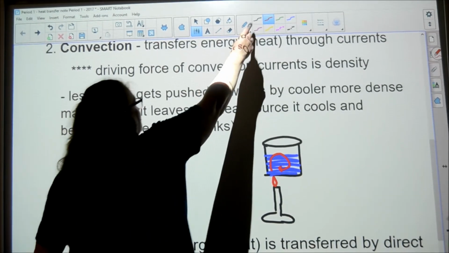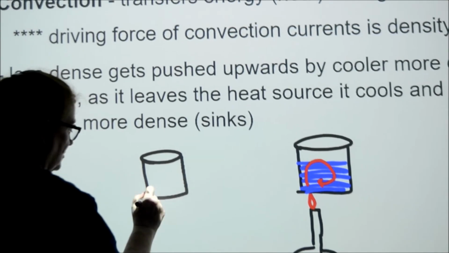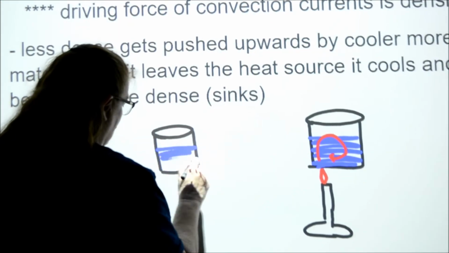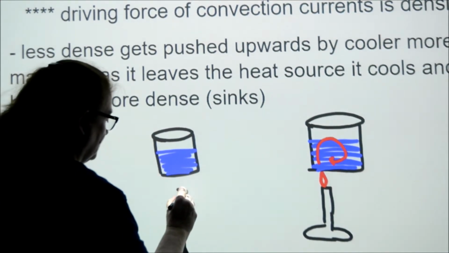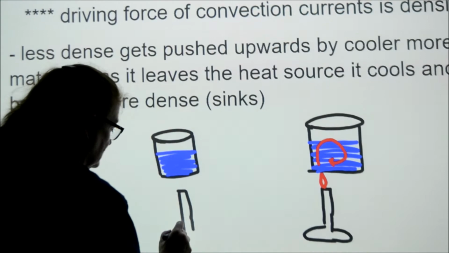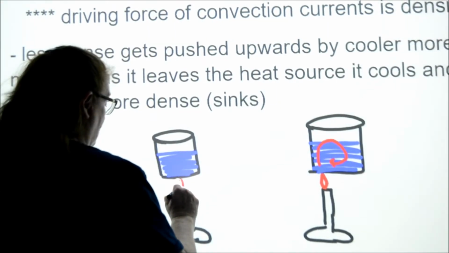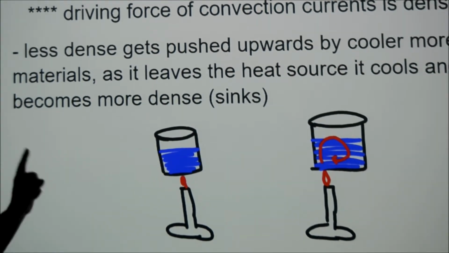Same concept, got my water, I'm just going to move my Bunsen burner to the middle. So here, I'm going to make actually 2 convection currents.